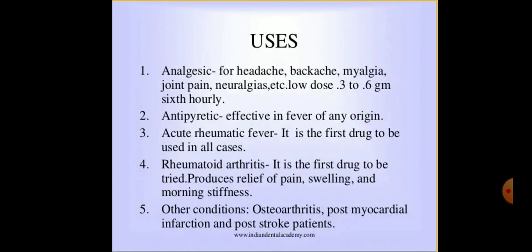So what are the uses of these NSAIDs? They help in reducing pain, as analgesics, for example in the case of headache or backache, when we develop any muscle pains, NSAIDs help in reducing the pain levels. The dose varies according to the drug. They have an antipyretic effect also.